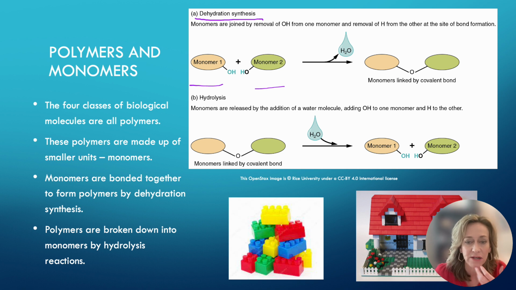That's why it's called dehydration. And a bond is formed between the two monomers. So we can see where that water is coming from, and we have this new bond that's formed. The flip happens when we go from polymer to the monomers, water's added in, and that bond is broken, and so we have two monomers that are released. Okay, so monomers are the building blocks, polymers when you put the blocks together to form different types of molecules.